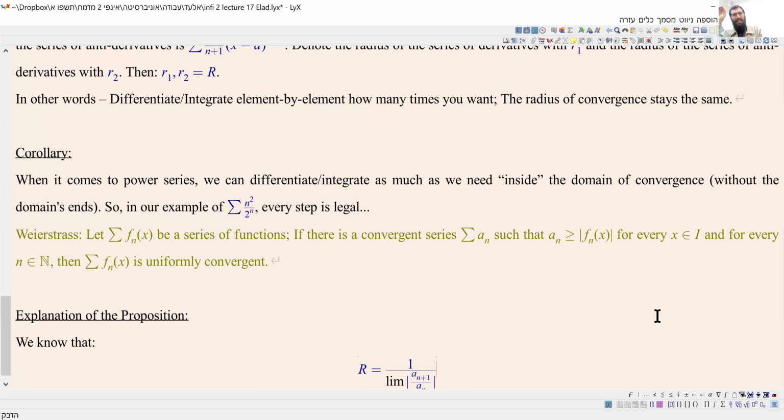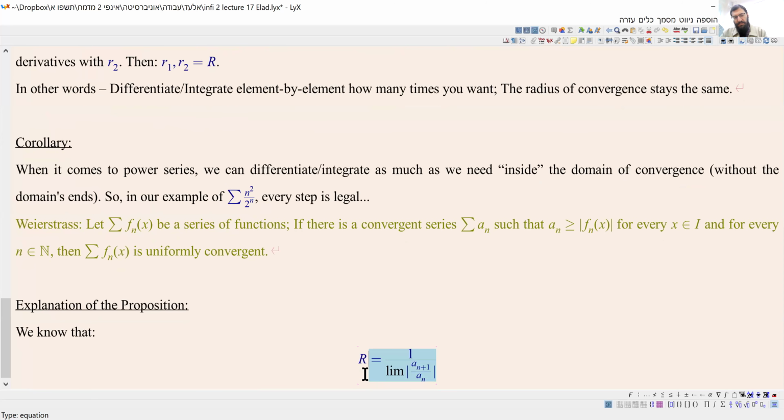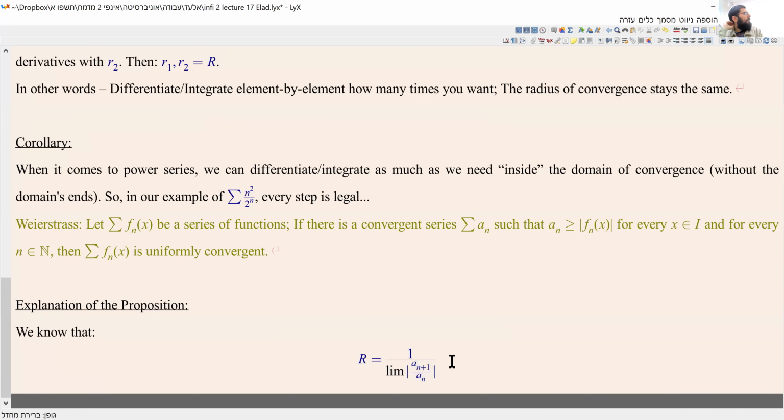Now, this is why it is only an explanation and not a proof, because we know that it is not actually true. Sometimes the limit doesn't exist, sometimes it's hard to calculate, but considering our main interest here in power series, it is fine to write it down that way.